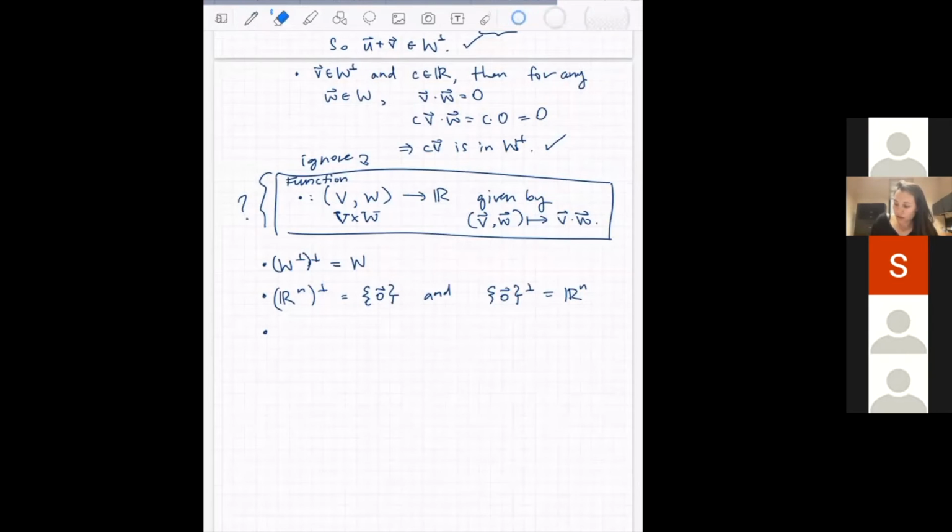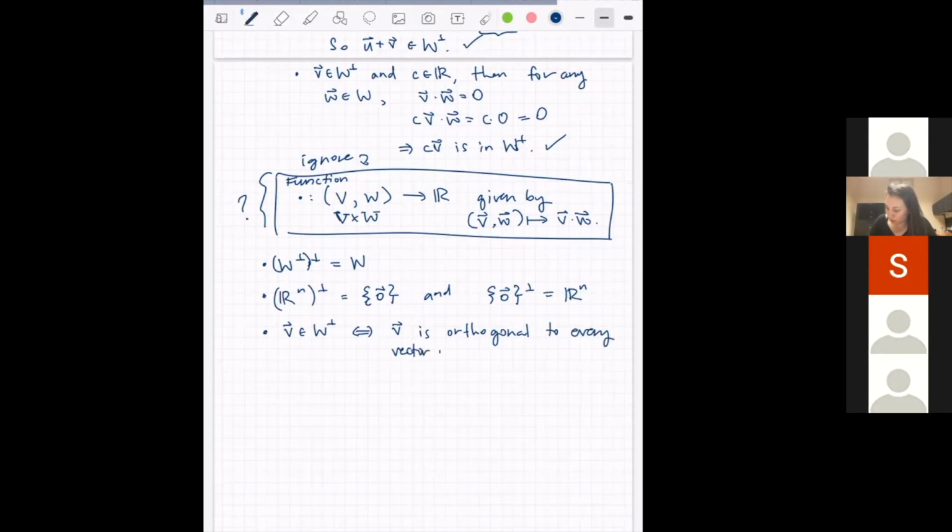Here's another thing. V is in W perp, so V is orthogonal to everything in W, if and only if V is orthogonal to every vector in a spanning set.